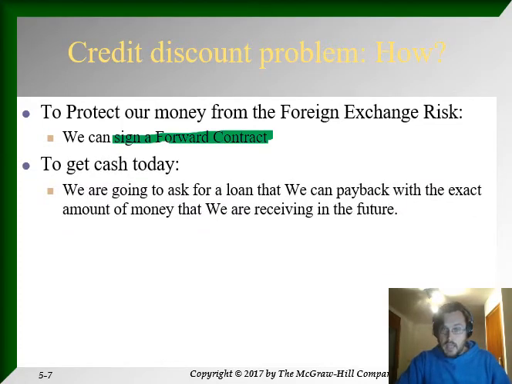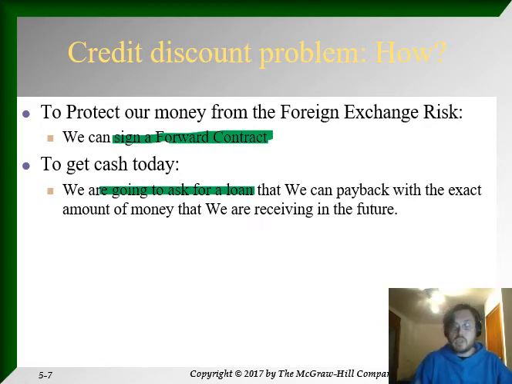To get cash today, and that's the key here, this is the basic version of this problem. What we're going to do is ask for a loan that we can pay back with the exact amount of money that we are receiving in the future.